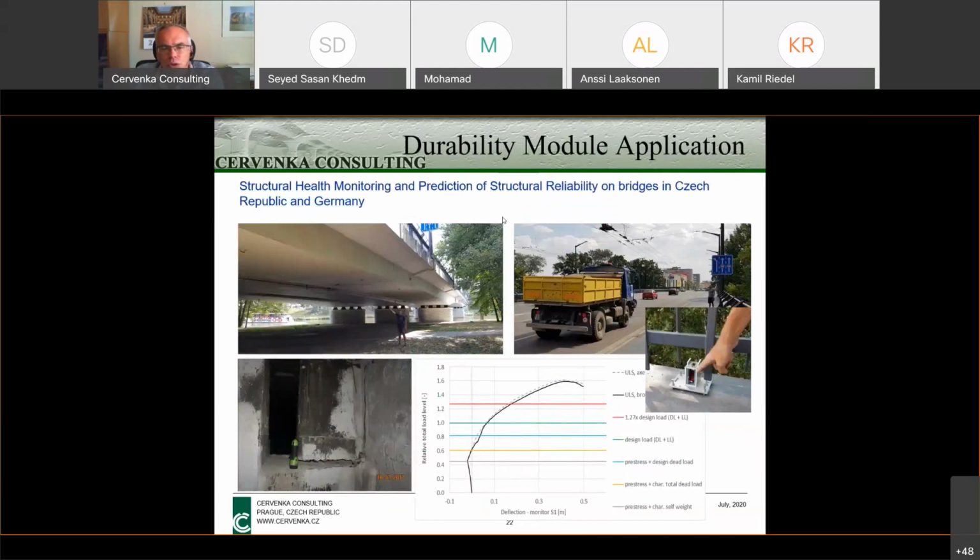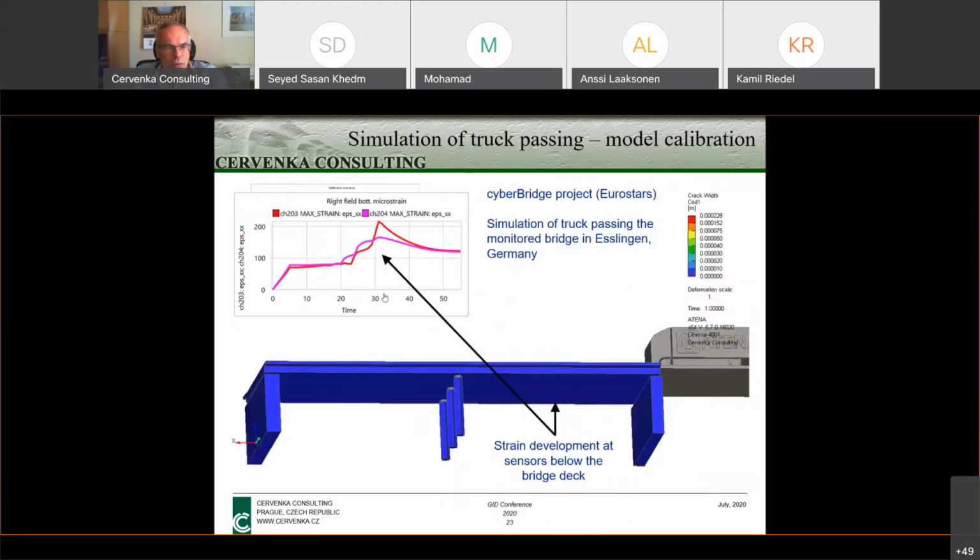So this was used now in some pilot projects in Czech Republic and Germany, where we developed a numerical model which was calibrated, as you can see here, by these trucks and by special laser gauges, which were used to check the traffic. And based on that, we created a model. I will show here an example from this calibration process, because this monitoring recorded the weight of the vehicles.